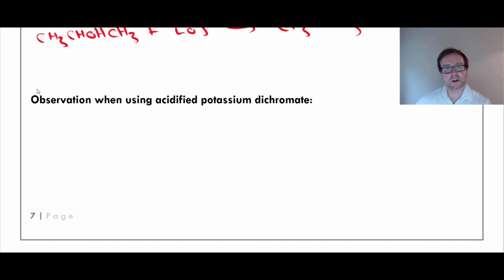Observation when acidified potassium dichromate is used in an oxidizing mixture.